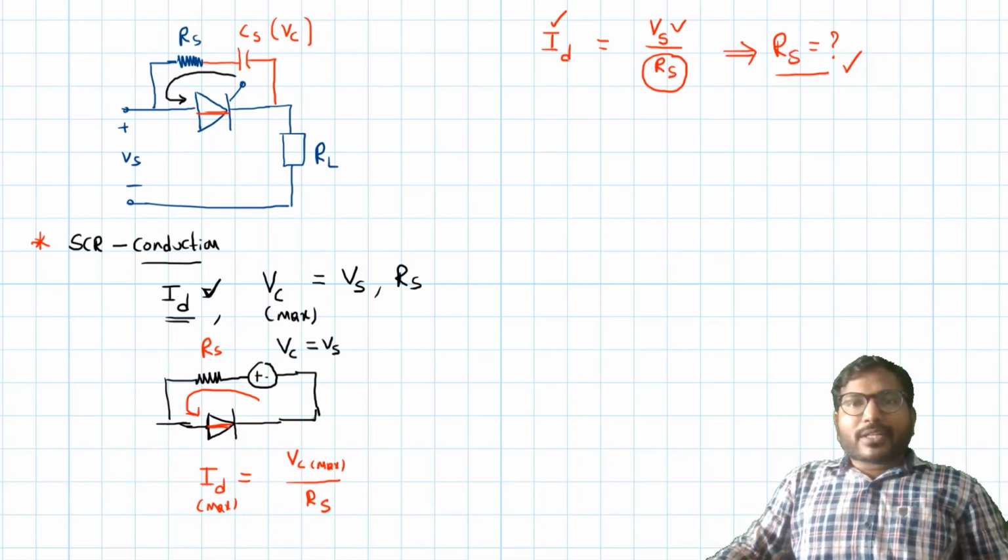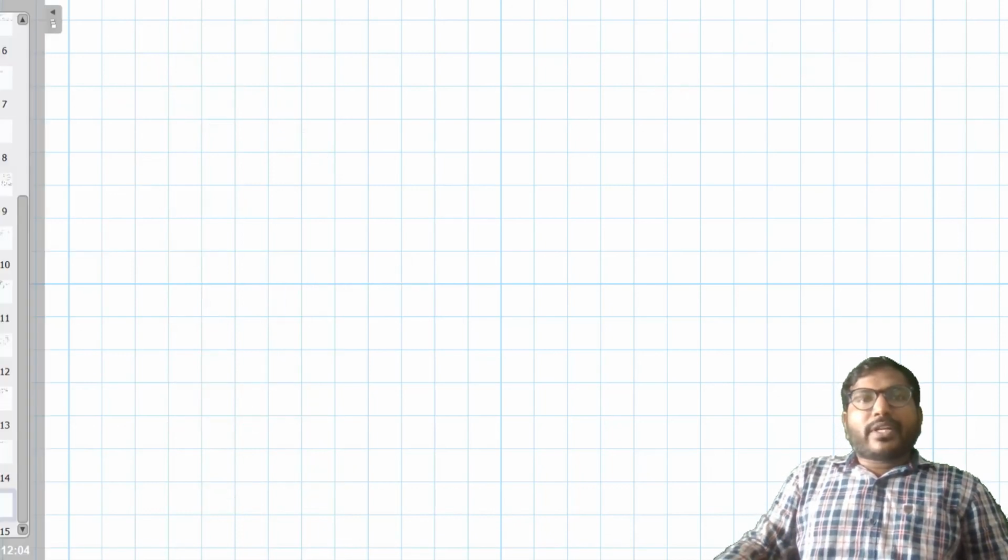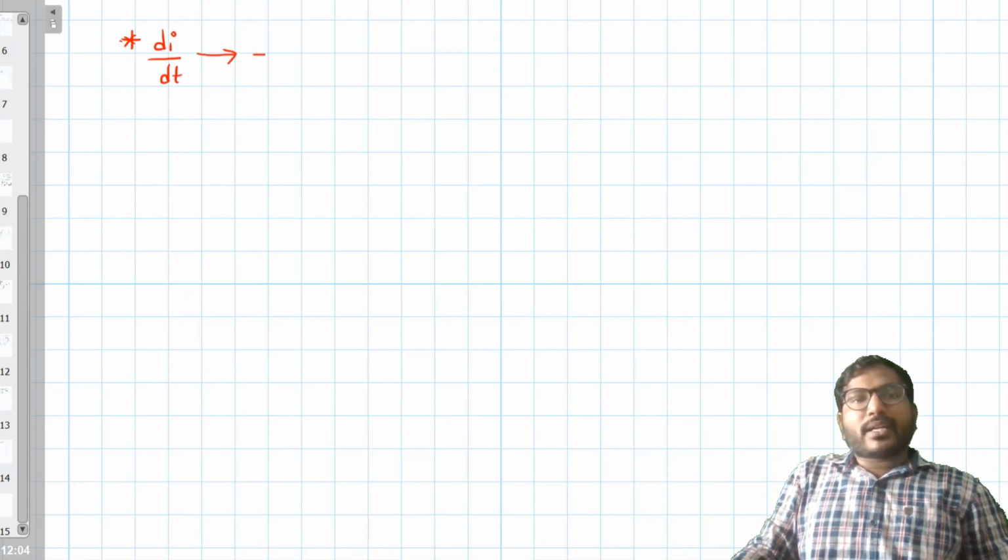Here, protection against what we discussed in this lecture: protection against di by dt and dV by dt. For di by dt, the conclusion is that an inductor is connected in series with the SCR.